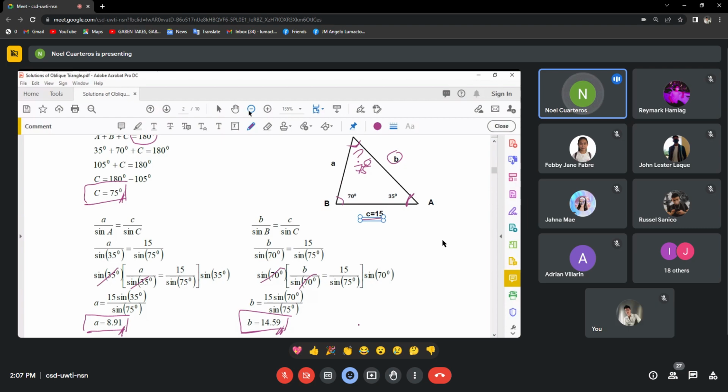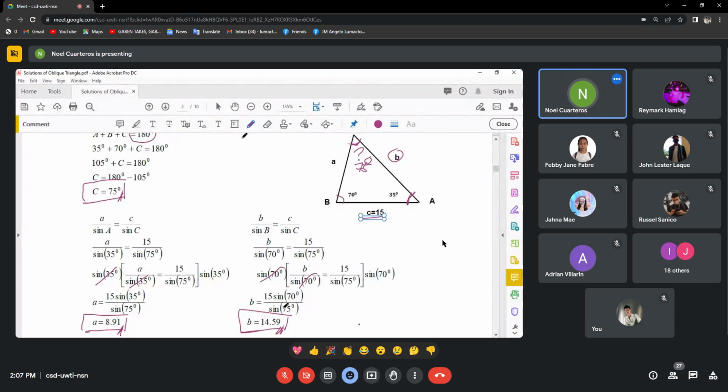Okay, no questions, class, about this one? How to find side A and side B using the law of sines. Do you have any clarifications? Anyone?